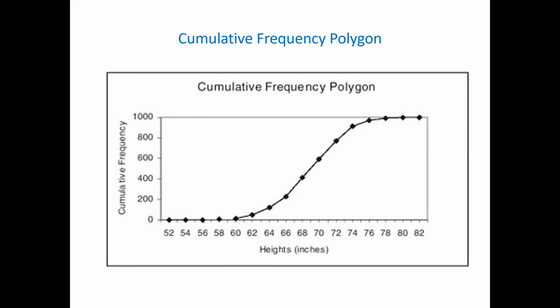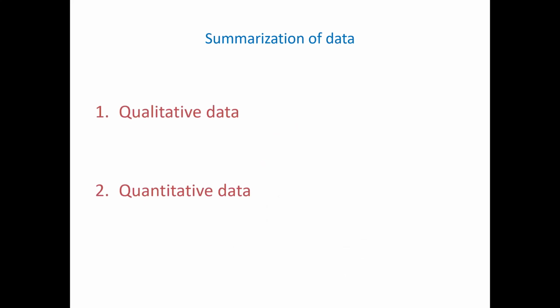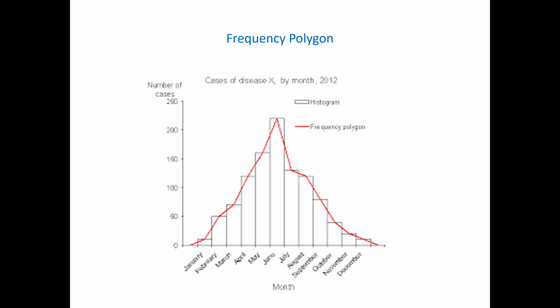So look at this graph now. When you reach the peak, instead of showing each level, each bar, you are adding it to the previous one, so it will go up.